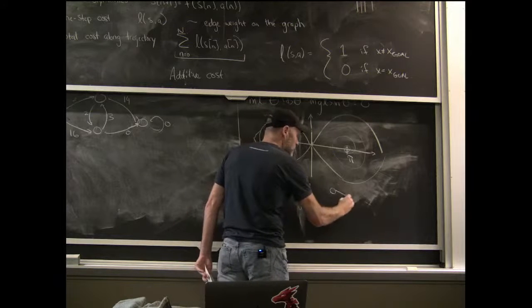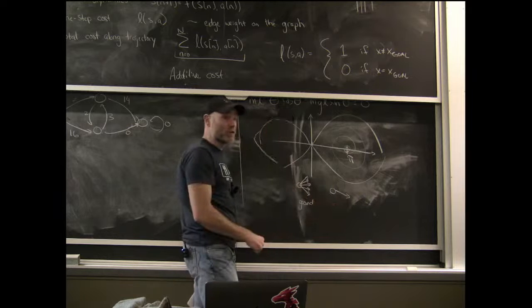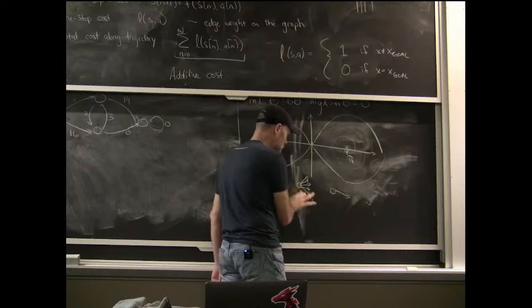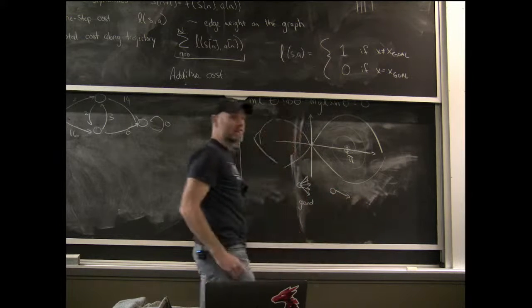And in the air, you might just have this. When you're in that part of the graph, the dynamics is telling you where you go. You don't have any choice. But if you can solve the graph search problem to make the right decisions back here so that when you go here, you get to the right place, that's exactly the game we're playing.